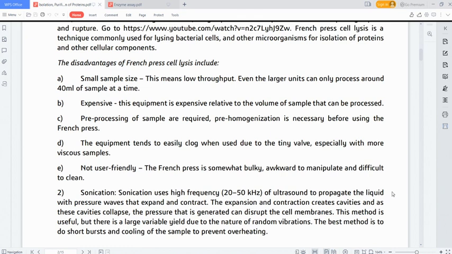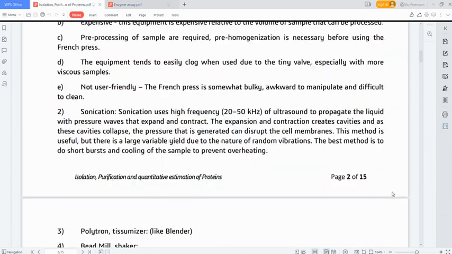So you see that sometimes this method might end up destroying your protein. Number two is sonication, and sonication has to do with using very high frequency ultrasound to actually break the cells.